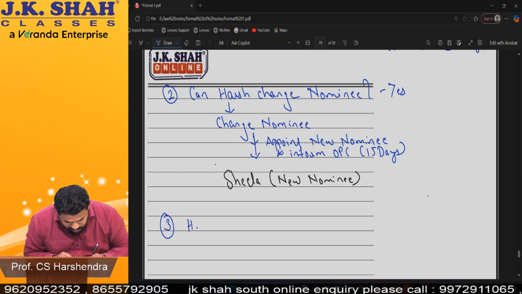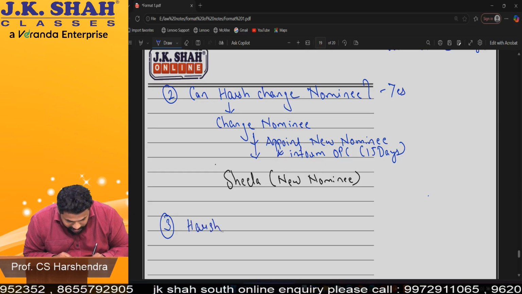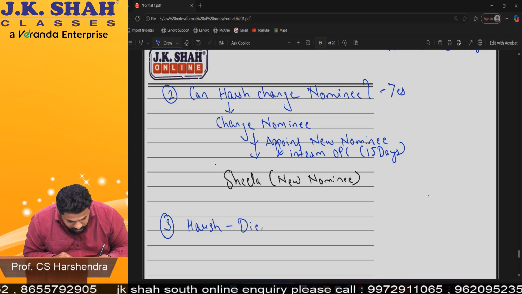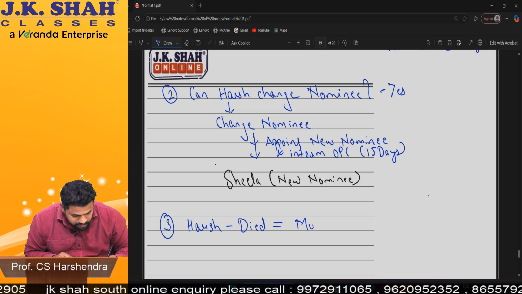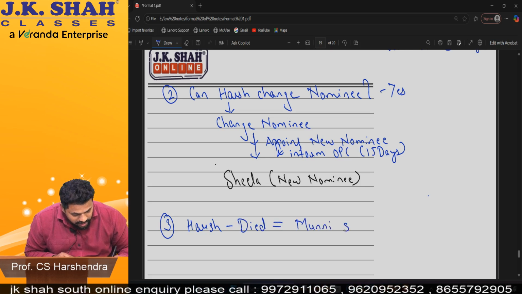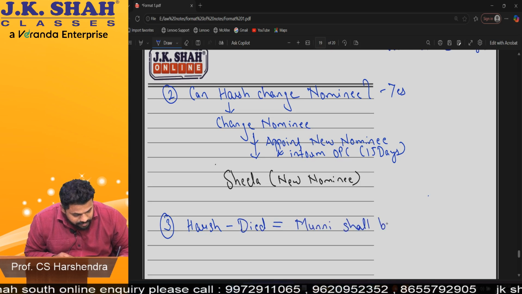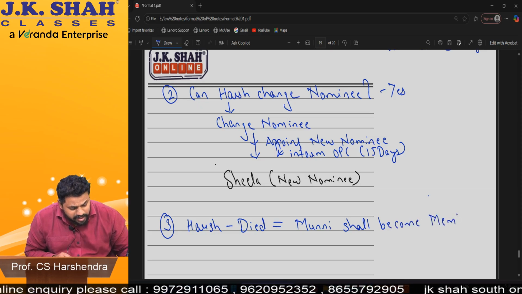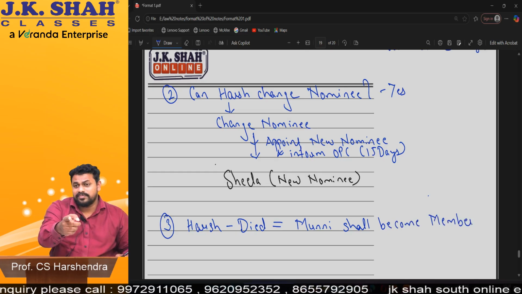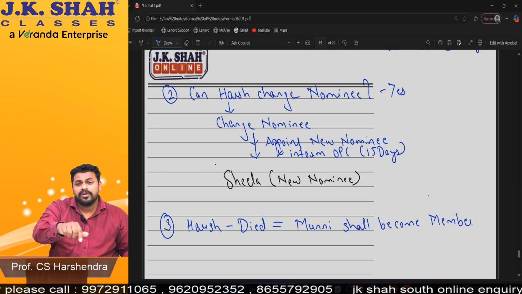So Harsh died. In that case, Munni shall become member. But now beta, just imagine she became the member, so she has to appoint a new nominee also, no?